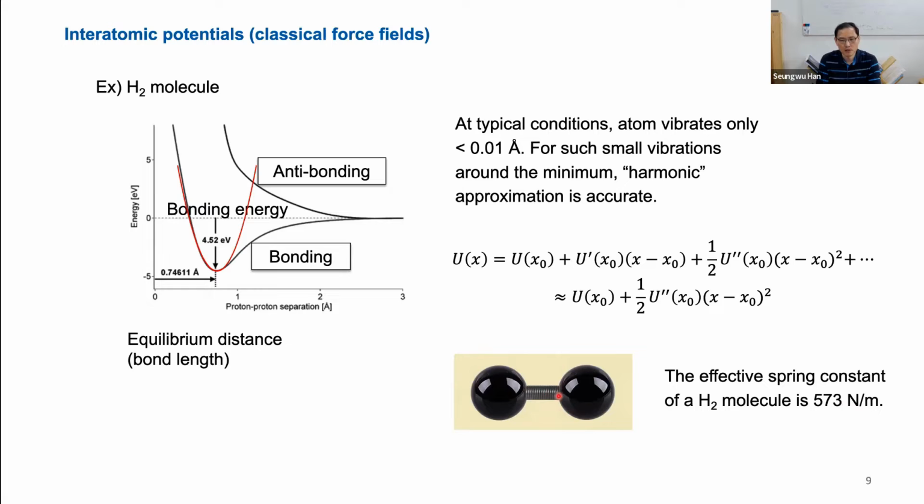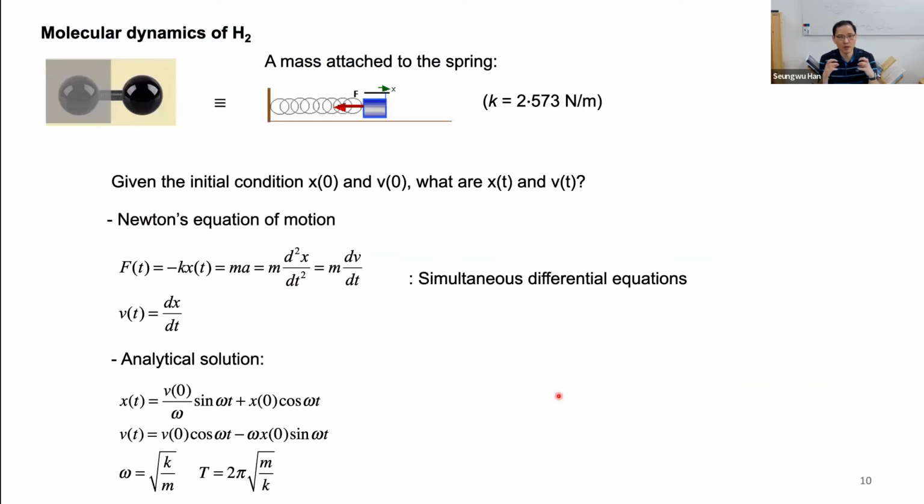Okay. So with this effective spring constant, you have the interaction between the two H2 protons, and you can describe the motion or the vibration of this H2 molecule. Let's consider just the symmetric vibration. If you hide one part of this molecule, it is the same as a mass attached to the wall with a spring.